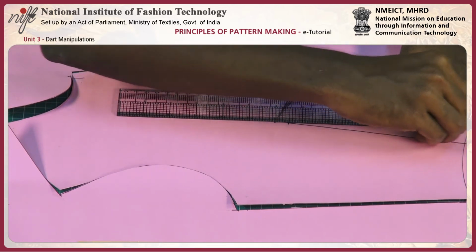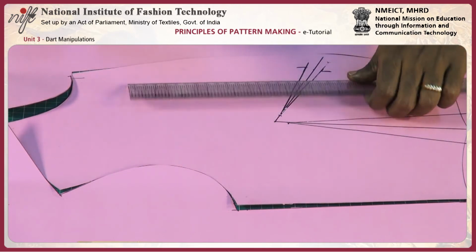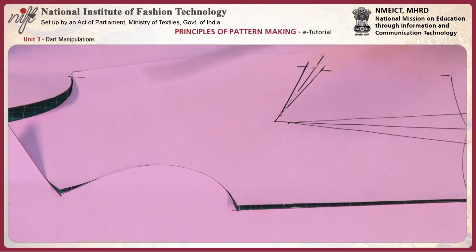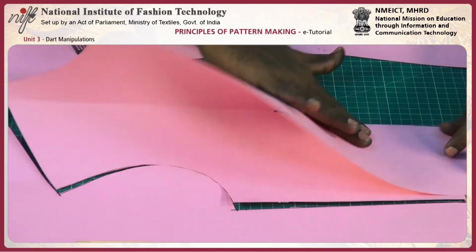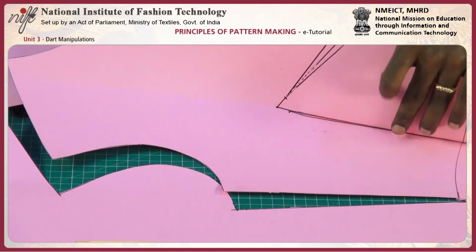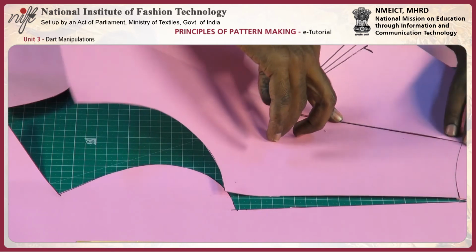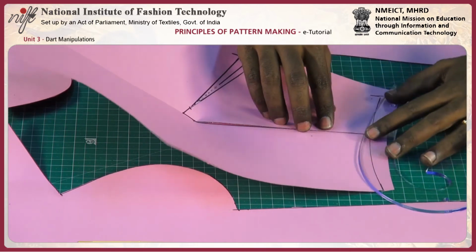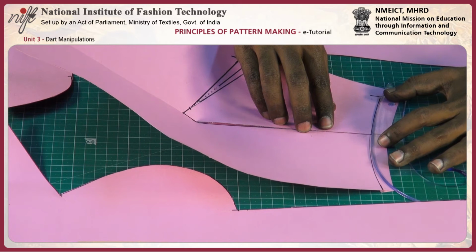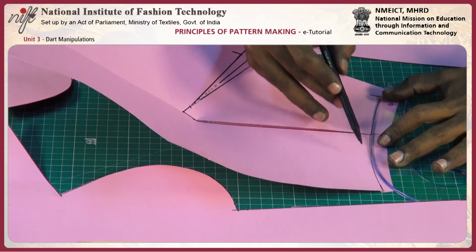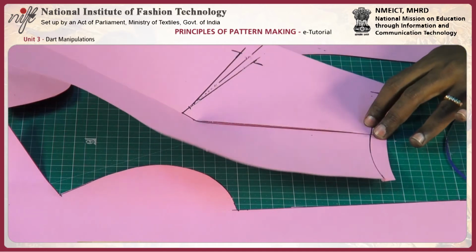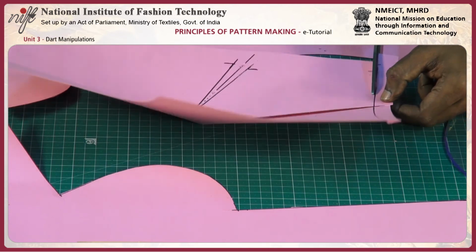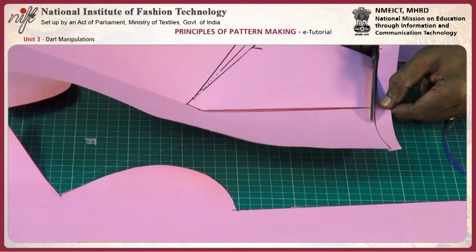Crease center line. Cut the pattern and true if required. Make a smooth line. Cut the waistline.